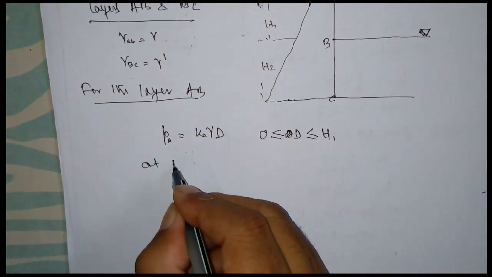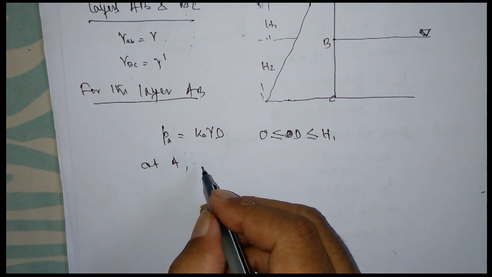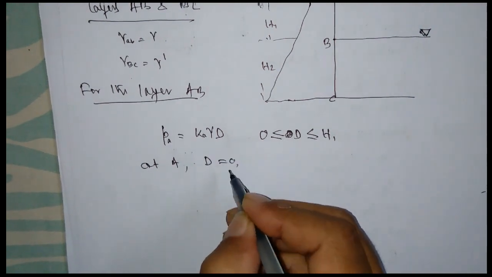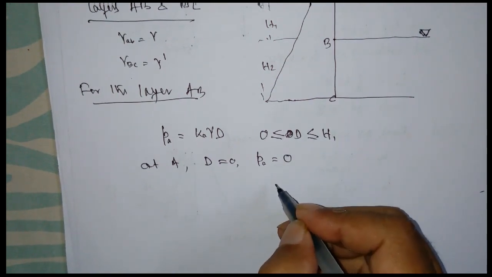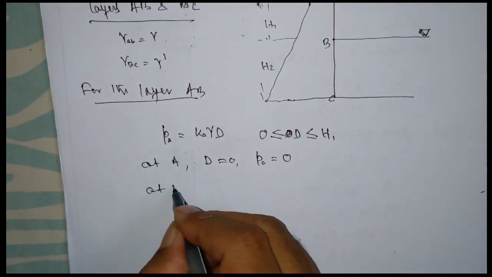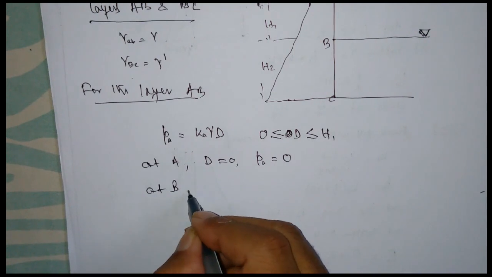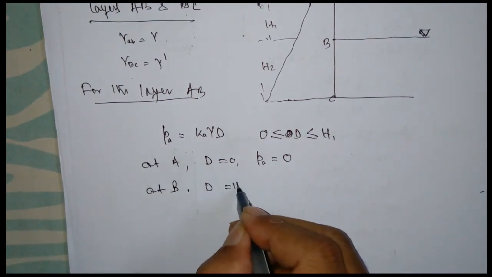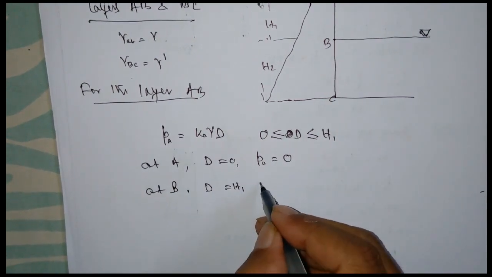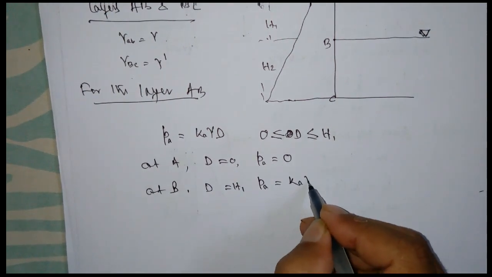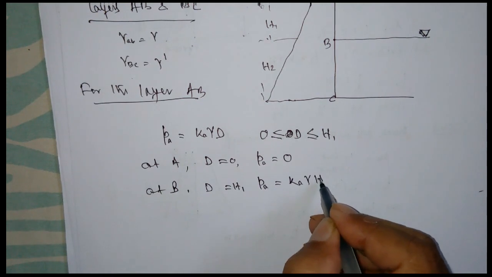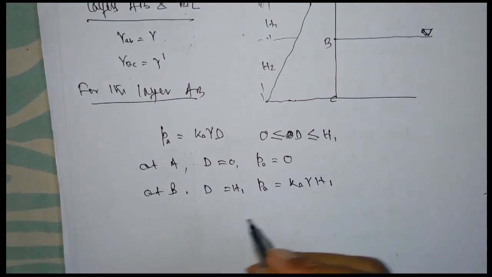At A, when D is equal to 0, the equation gives you 0. At B, when D is equal to H1, the earth pressure according to the equation is Ka gamma H1.